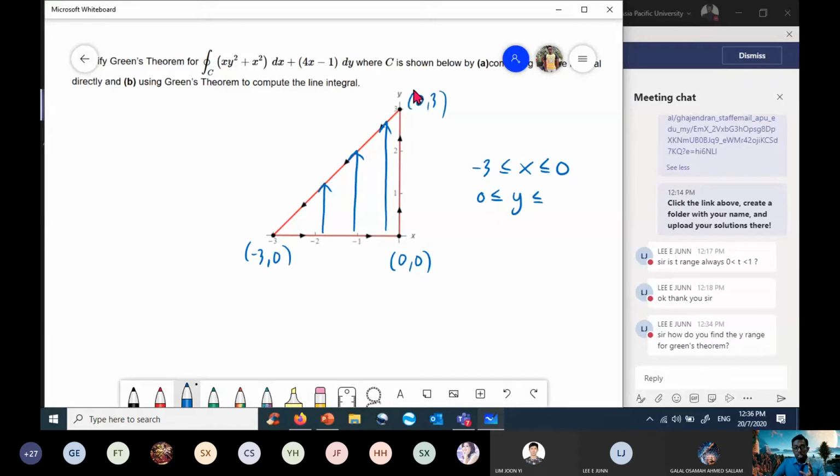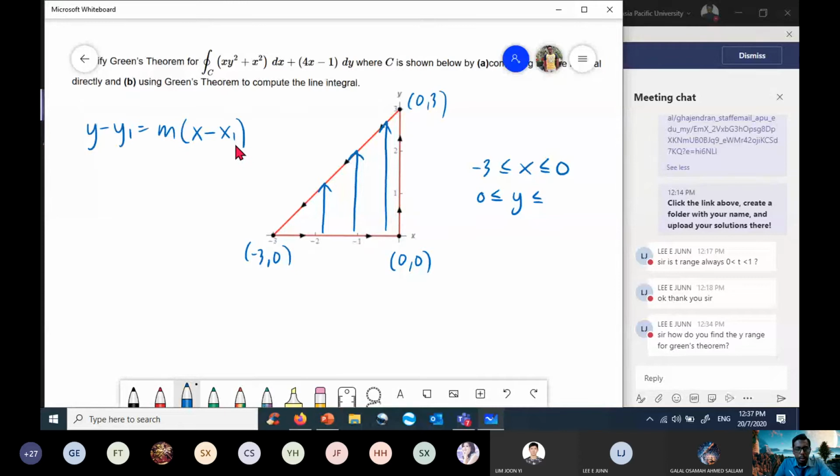However, when you know the two coordinates of a line, you can find out the equation of the line. y is equal to mx plus c. Another way that I usually do is this: y minus y1 is equal to gradient times x minus x1.